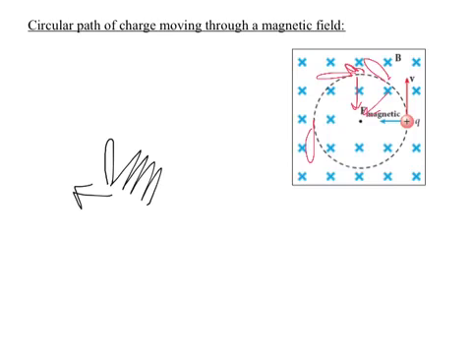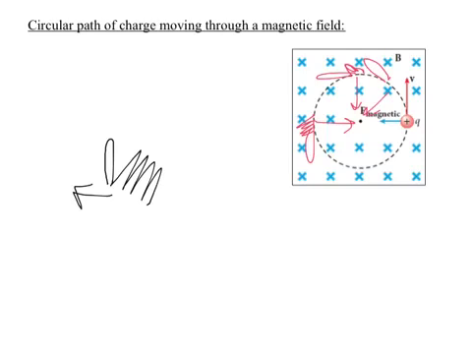Then the thumb is this way, with your fingers into the page again, which makes the force this way. So no matter what, if you keep your fingers pointing into the page and your thumb tangent to the motion, your palm goes toward the center. So the magnetic force here provides a centripetal force, which keeps it in circular motion.